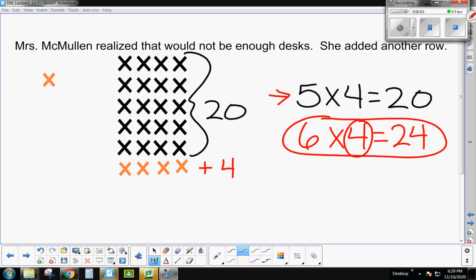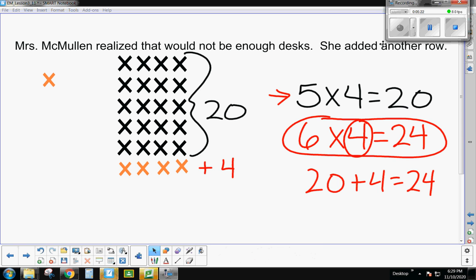So 20 plus 4 equals 24. Okay, again, this is called the add a group strategy. I can use a helper fact, a fact that I do know, to help me solve a fact that I don't know. Let's look at another problem.